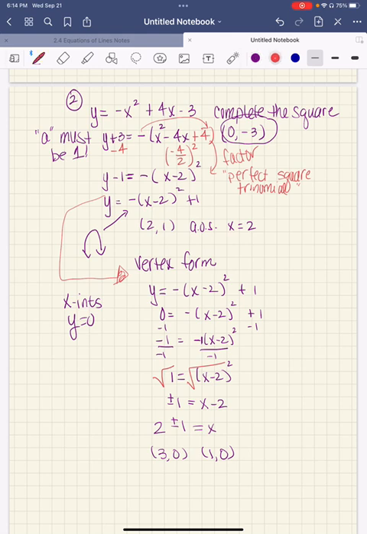So we've got our vertex at (2, 1). We have our axis of symmetry. We have our x-intercepts. And let's try and squeeze a graph on here. We'll see how I do. Okay, so vertex is at (2, 1).